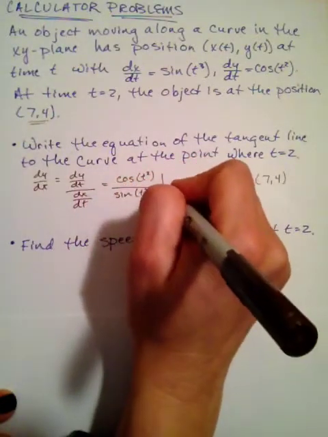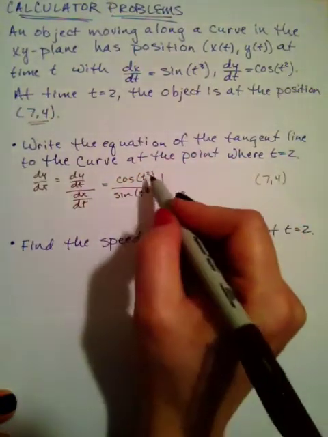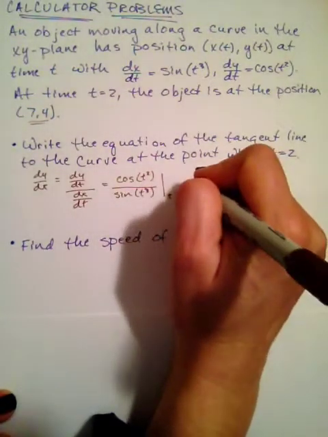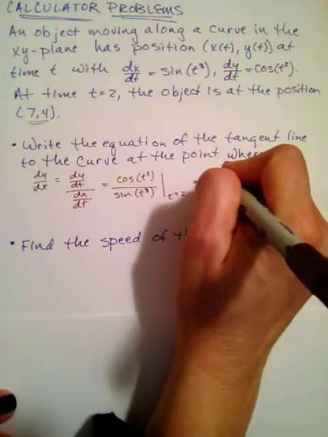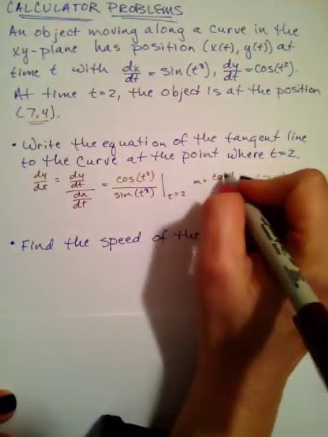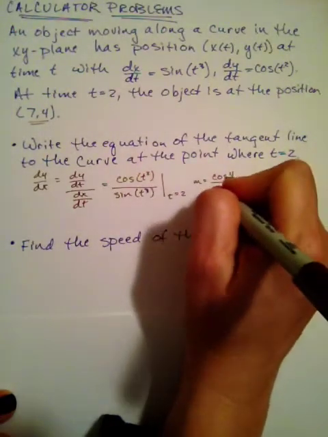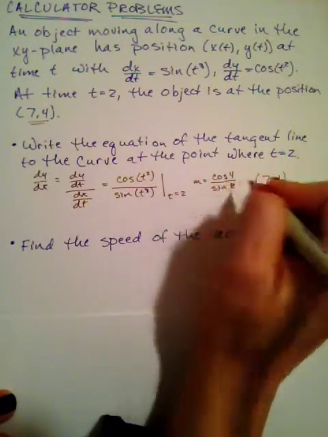And we want this when t equals 2. So I'm very simply going to evaluate this at t equals 2. So our slope will equal cosine of 4, which we can't get an exact value from the unit circle. This is exact, over sine of 8.